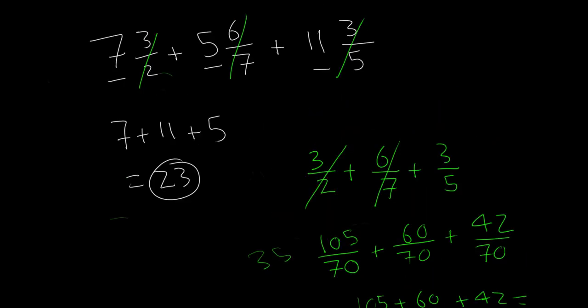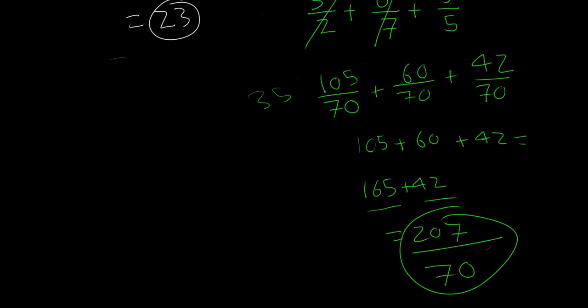Perfect. So, if we scroll back up here, our whole numbers added together summed to be 23, and our fraction was 207 over 70. Let's just start a new page here. So our answer was 23 and 207 over 70. Perfect.